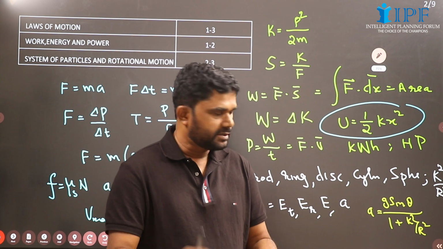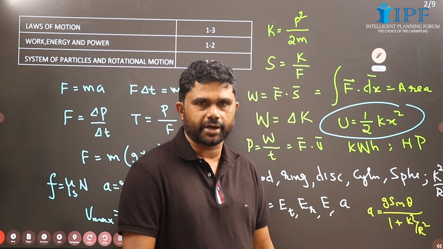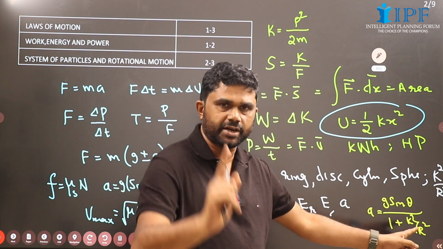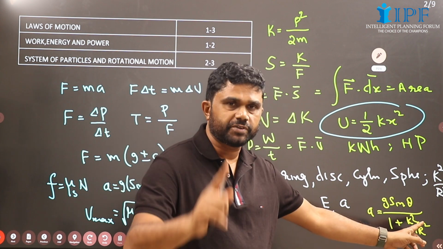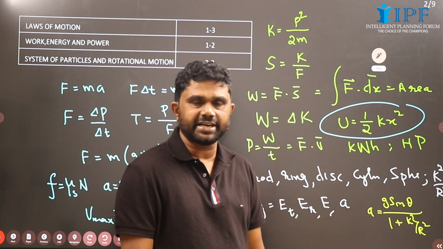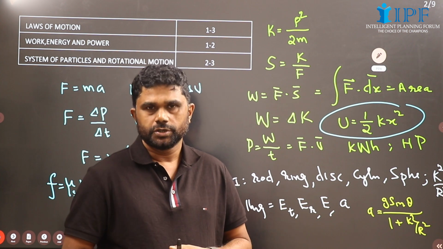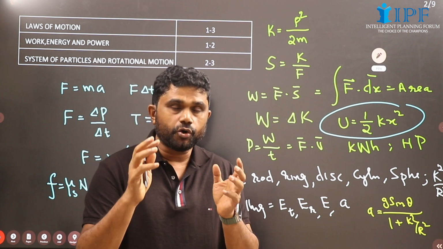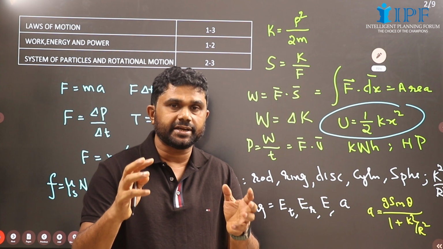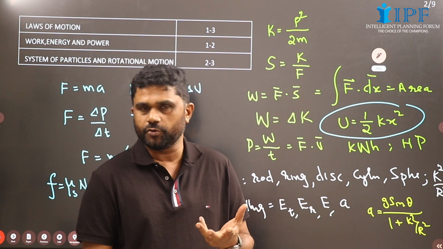As it is a ring, its moment of inertia is 1 mr square, so K square by R square is 1. In the denominator, 1 plus 1 is 2. In the numerator, g sine 30 is g by 2. Divided by 2 means g by 4. So when a ring rolls down a rough plane inclined at 30 degrees with the horizontal, its linear acceleration is g by 4.